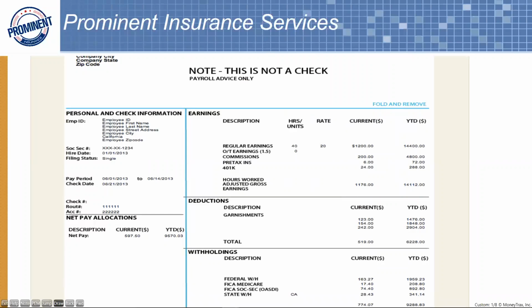This is where you have to add something. If you look at your withholdings right here, very important, you see the feds take theirs, FICA, state, Social Security, and then you got local government. And before you even get anything, they get theirs.